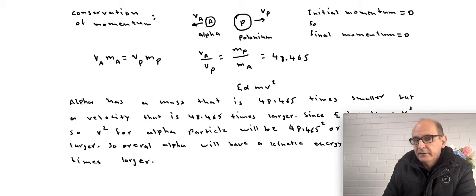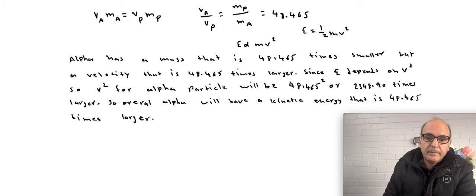On the other hand, we know that kinetic energy is proportional to mass times v squared, or as an equality, E equals half mv squared. Now, why does alpha have a higher kinetic energy? Well, it has a lower mass, about 48 times smaller, but its velocity, as we can see from here, is roughly 48 times larger.